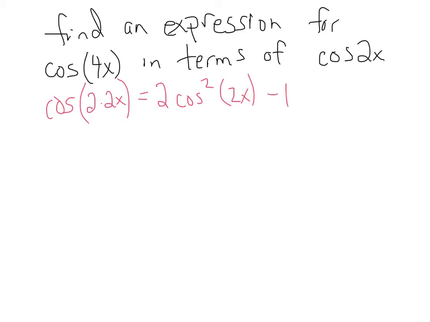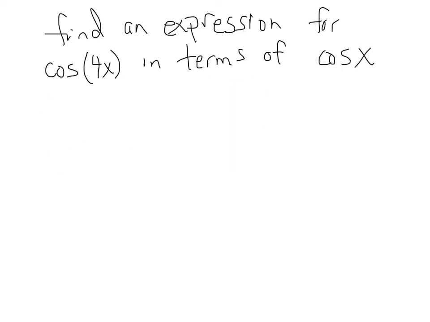We have now figured out that cosine 4x, so a cosine of something 4 times as big of an angle, will be 2 times cosine squared of something twice as big as x, minus 1. And that leads into the second question: find an expression for cosine 4x in terms of just plain, ordinary, boring cosine x.